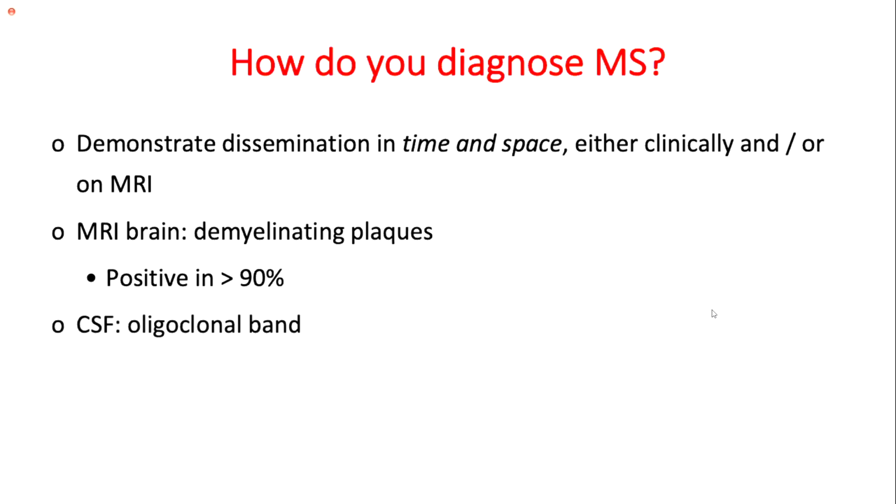In the CSF, we look for what is called an oligoclonal band. That means an increased production of IgG in the CSF, which we can look for electrochemically. And then we look for visual evoked potentials. Visual evoked potential, when you are doing your clinical neurology rotation, please go to the neurophysiology department, speak to Dr.